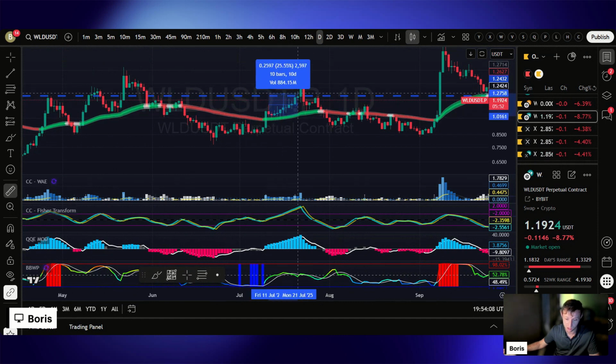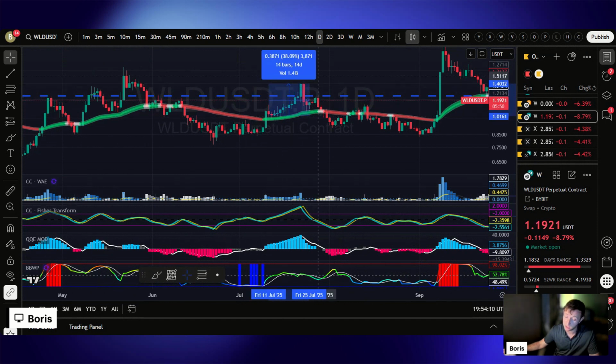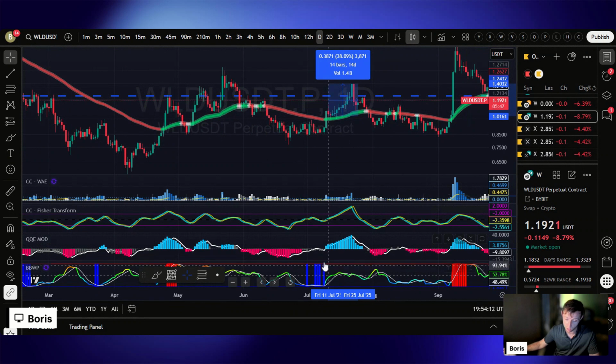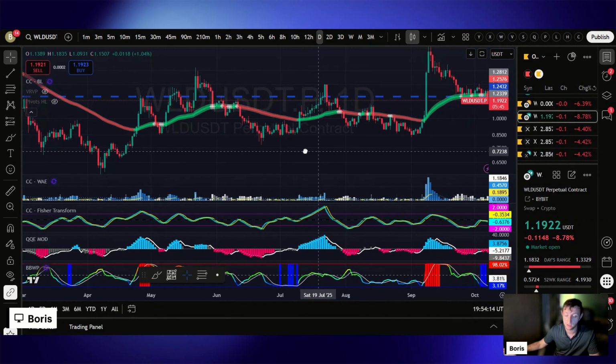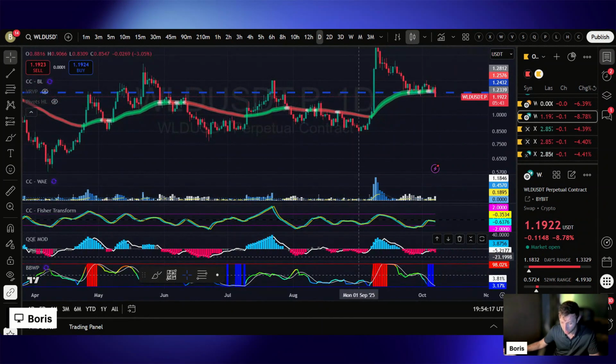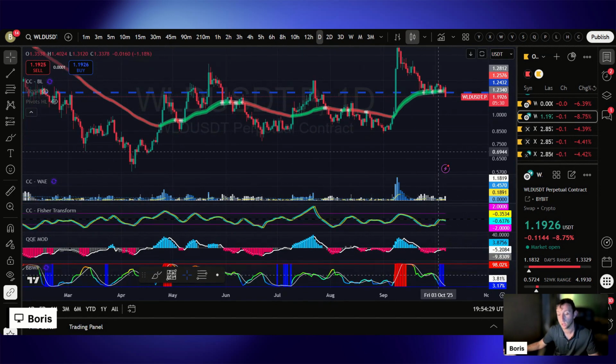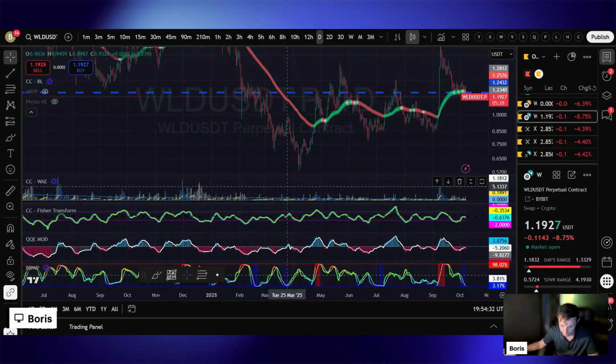Let's measure this out. It's about a 38% move on WorldCoin the last time this indicator flashed blue, which was in July. Now, July, August, September, October, about 3 months later, we are getting this signal again.